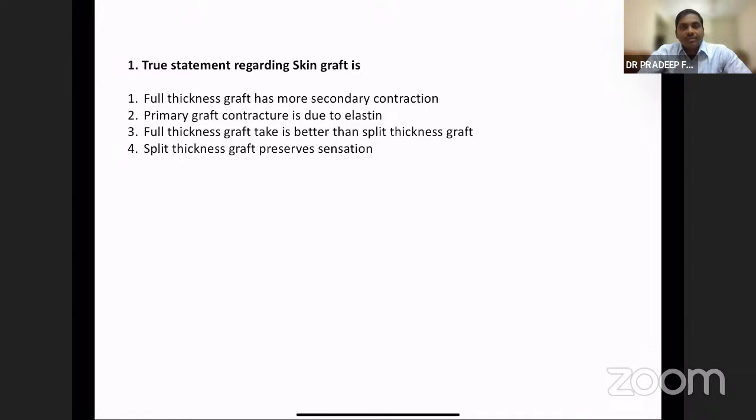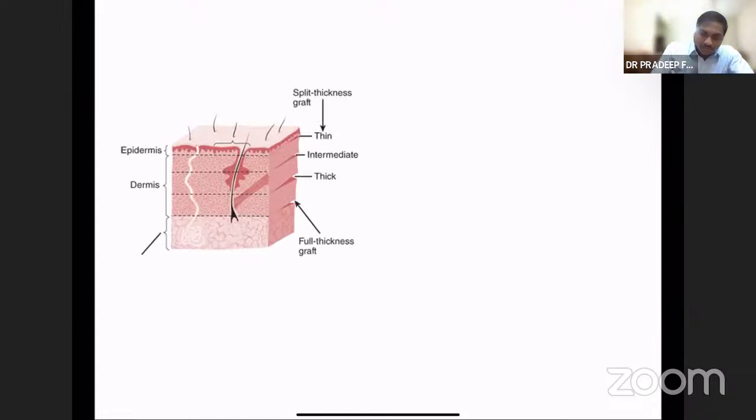So to understand and answer this question, we have to know the basics about the skin graft. What do you mean by a graft? Graft is nothing but a non-vascularized skin. The graft in transplant is different from the skin graft.